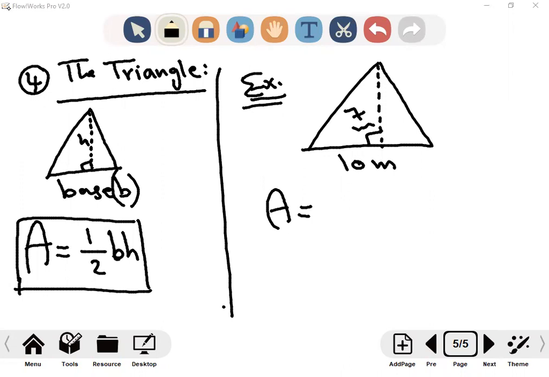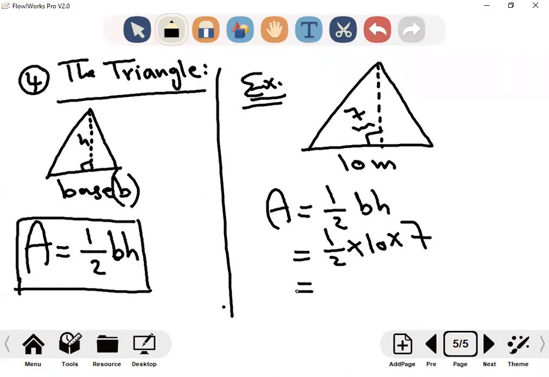Yes. What's the area of the triangle? Half BH. Half multiply BH. Mumtaz. Then equals half multiply 10 multiply 7. The base is 10 and the height is 7.